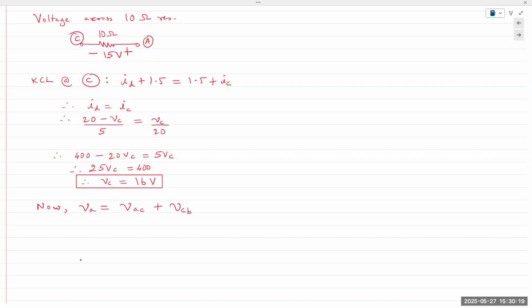The difference in the voltages, we're simply taking the measurement across the two, and therefore VA is 15 plus 16. VA is 31 volts. Okay, VA is 31 volts. And its Thevenin voltage is 31 volts.